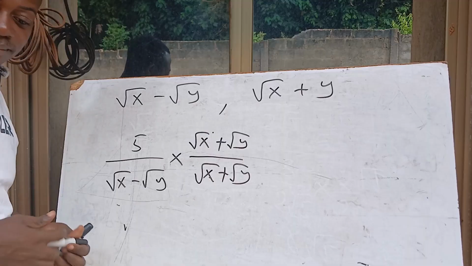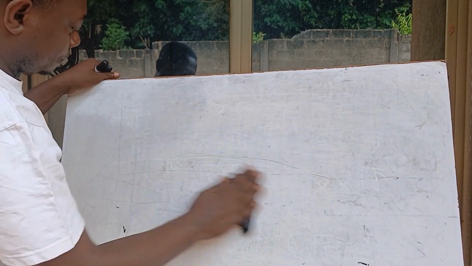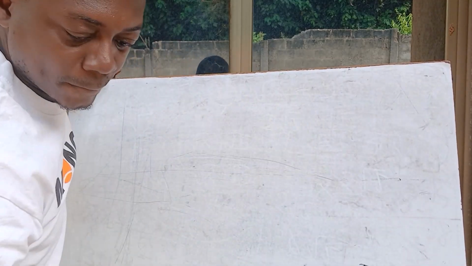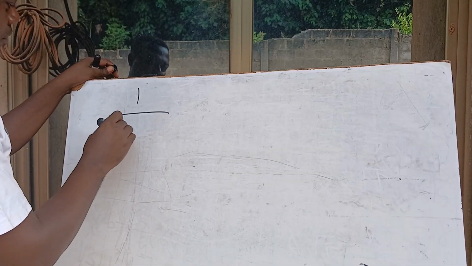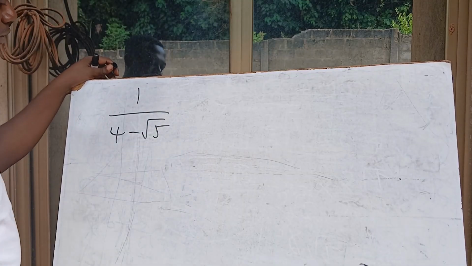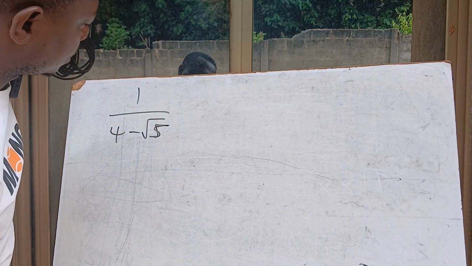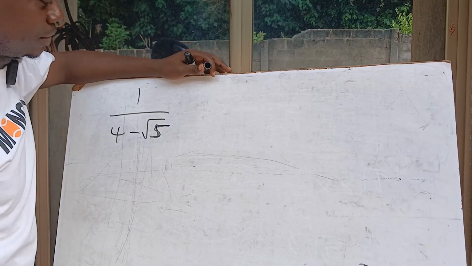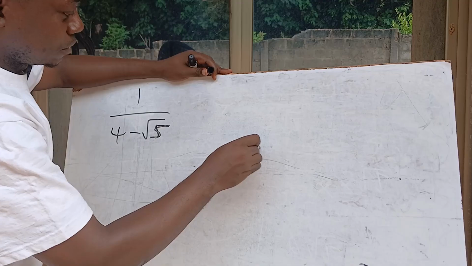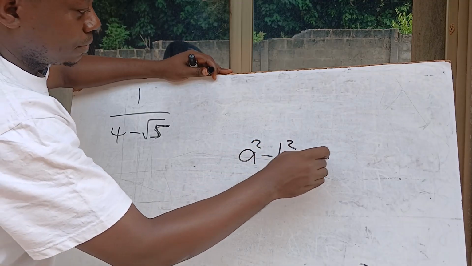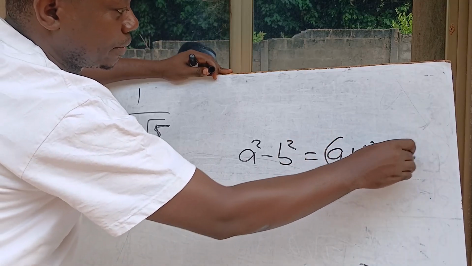Now let's take an example: 1 on 4 minus square root of 5. Before that, let's understand the difference of two squares. When you have a squared minus b squared, it is the same as a plus b times a minus b.